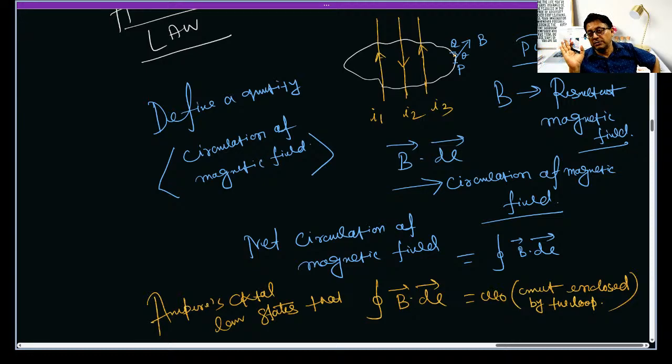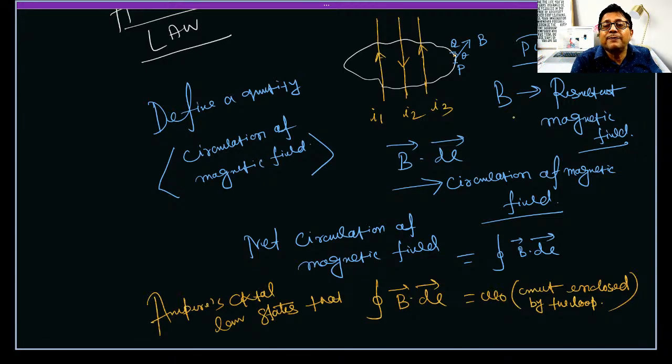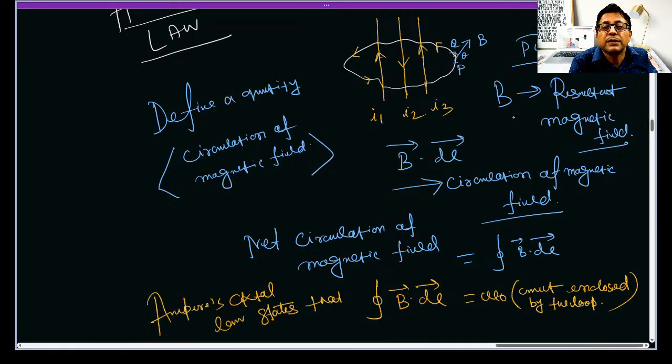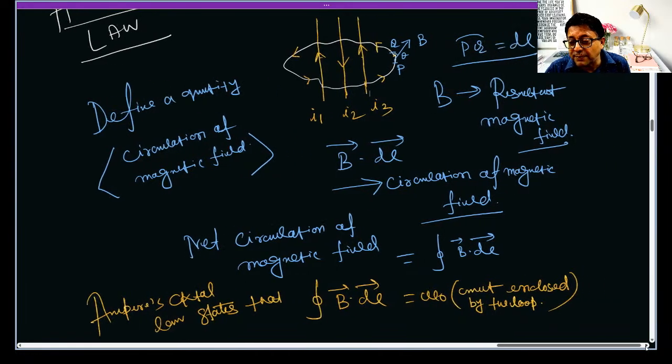It's your choice. Okay? I am putting the arrow this way. This is a step here. Curl the fingers of your right hand other than the thumb along the direction of the arrow. The thumb gives the direction of positive current. Got it? So I am telling you this in steps.